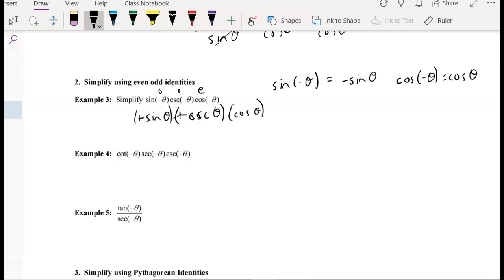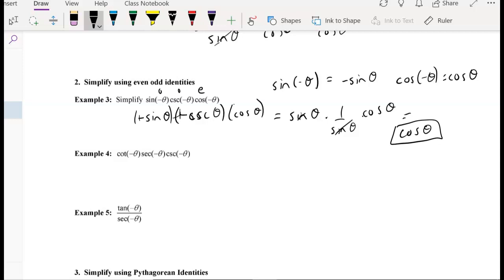And let's write them in terms of sine and cosine. The sine is already in terms of sine and cosine, so we have the sine of theta. We have 1 over the sine of theta, so times 1 over sine of theta. And this is times the cosine of theta. You might see where this is going. The sine of theta cancels, and we just end up with this whole thing is really just cosine of theta.